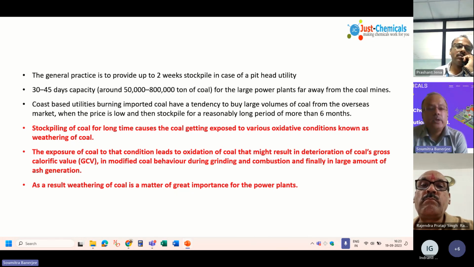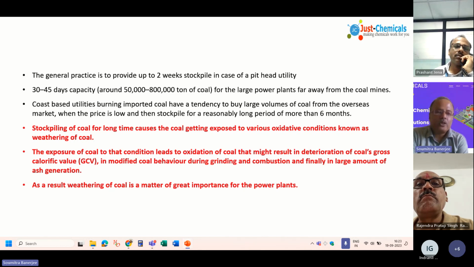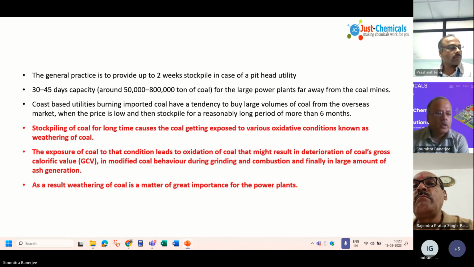And coast-based utilities burning imported coal have a tendency of buying large volumes of coal from the overseas market. But stockpiling coal for a long time causes the coal to get exposed to various oxidative conditions, which is known as weathering of coal.